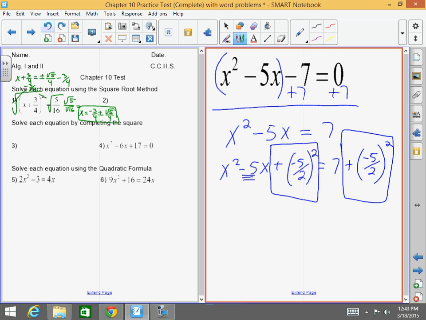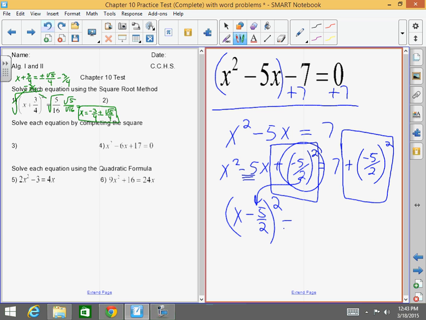Now we factor it. This is a perfect squared trinomial I created. So this is x minus 5 halves squared. Don't square this value because that's going to be 25 fourths, and then it is going to be difficult to factor that out. That's our little trick. We just put the inside right here.